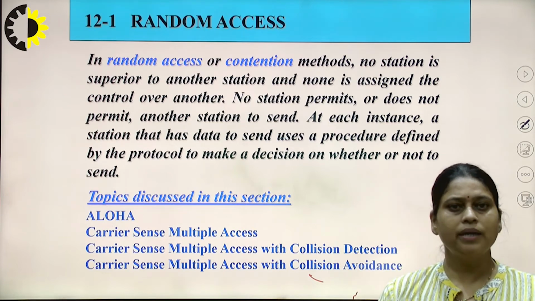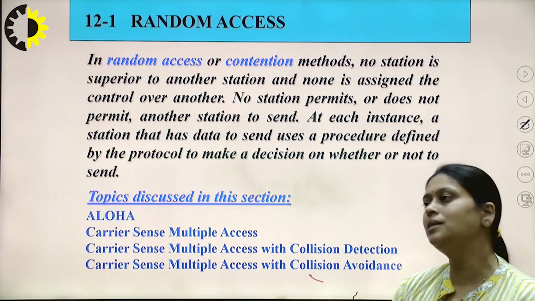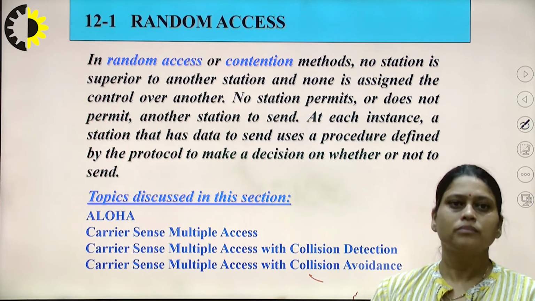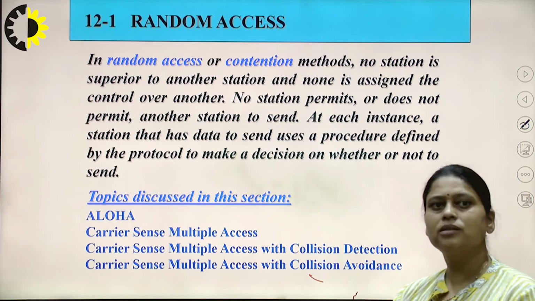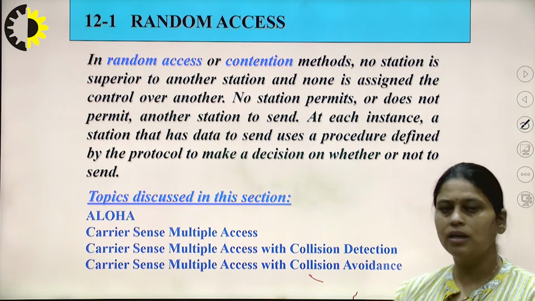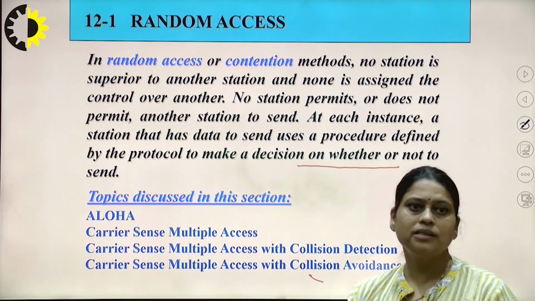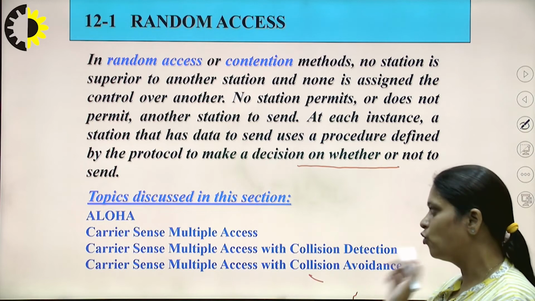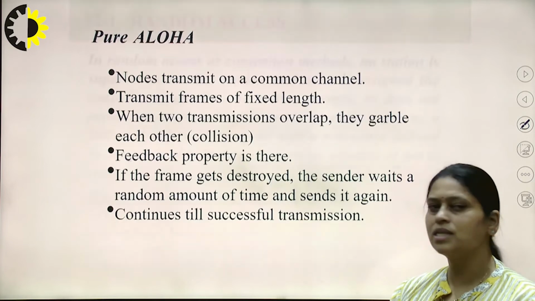No station permits or does not permit another station to send; all are equally responsible for sending or receiving the data without the permission of others. At each instance, a station that has data to send uses a procedure defined by the protocol. So what decision do we want to make? There are four categories: Aloha, CSMA, CSMA with CD and CSMA with CA.